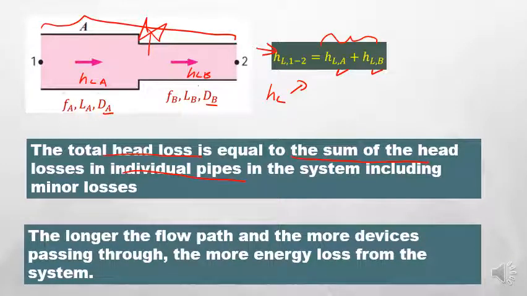For example, the longer the flow goes, it will increase more losses, and if it goes longer, it will pass through many equipment or devices, such as we have loss in valves or fittings or bends, and the surface friction.